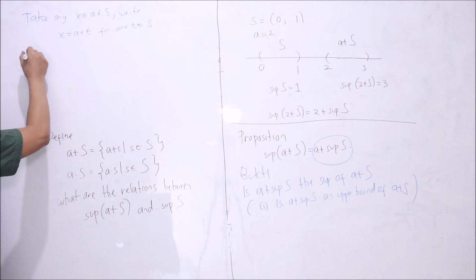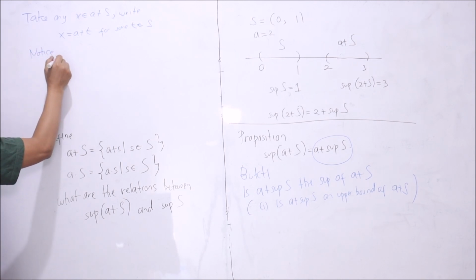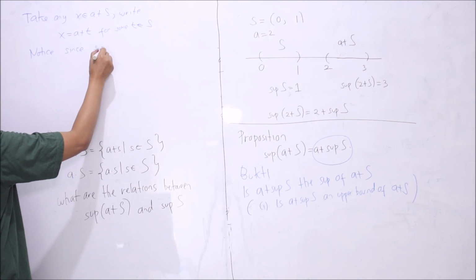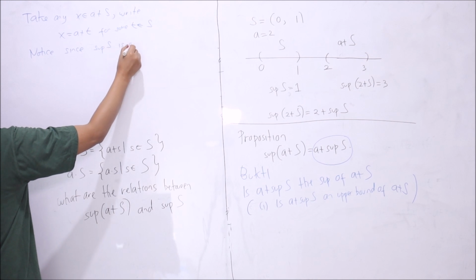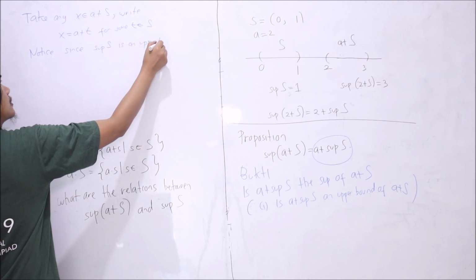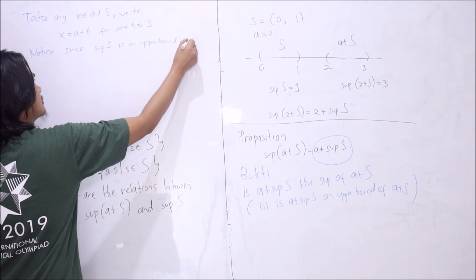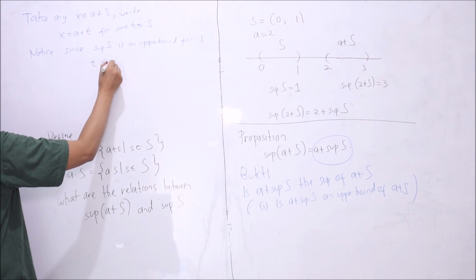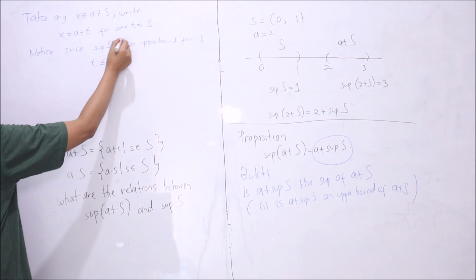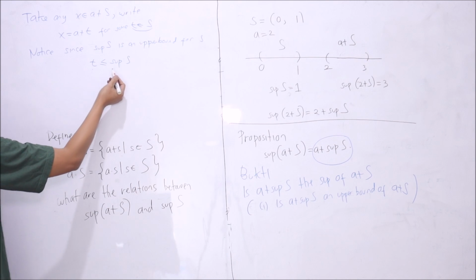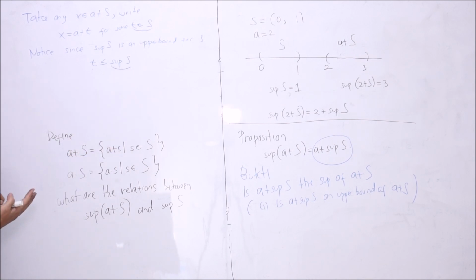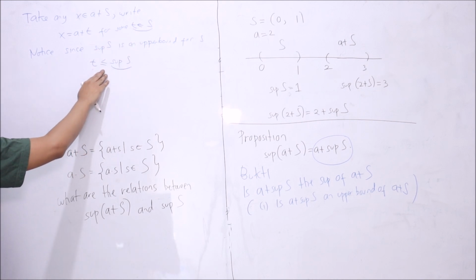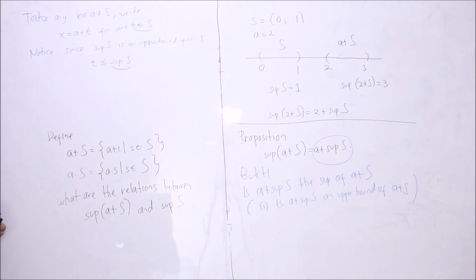Now, notice, since sup S is an upper bound for S, then clearly t is less or equal to sup S. Why? Because t is a member of S, meanwhile sup S is an upper bound of S. So every member of S has to be less or equal to this one.